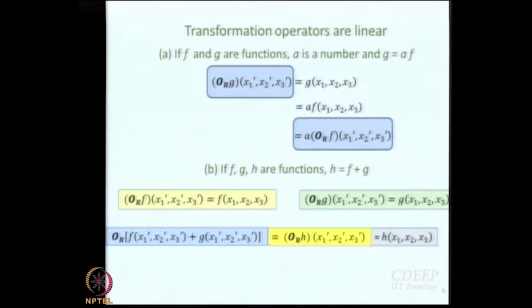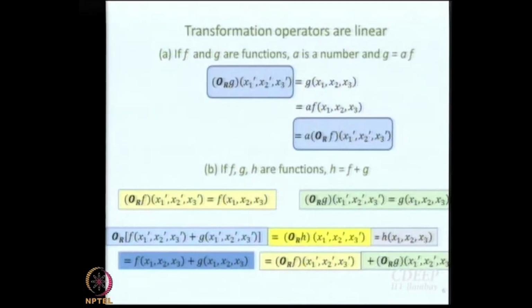F plus G in original coordinates. I will write it like this: F in x1, x2, x3 plus G in x1, x2, x3. Now what will I do? What is F in x1, x2, x3? It is OR F in x1 dash, x2 dash, x3 dash, right? And what is G in x1, x2, x3? OR G in x1 dash, x2 dash, x3 dash. Hence proved.